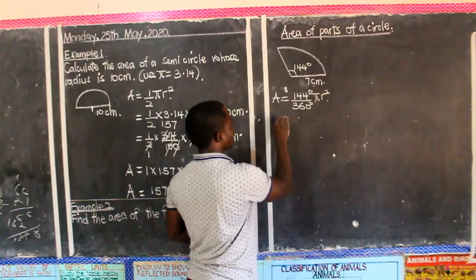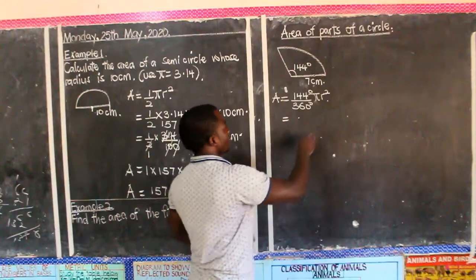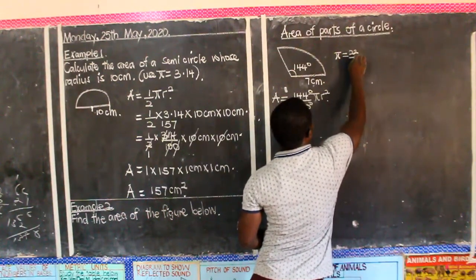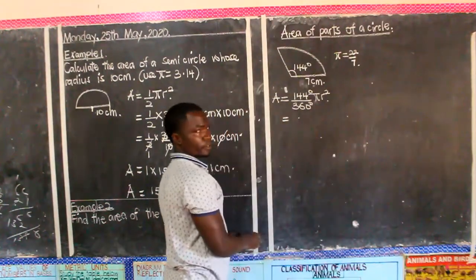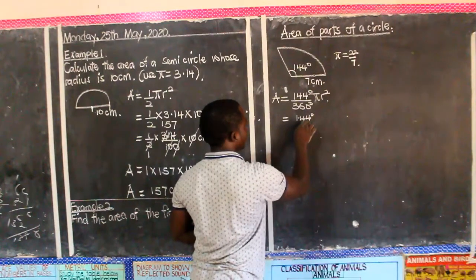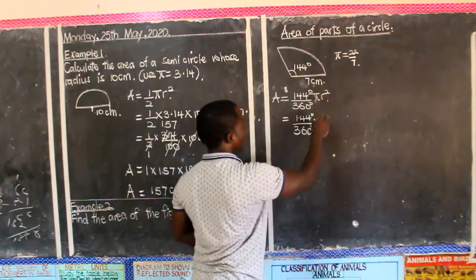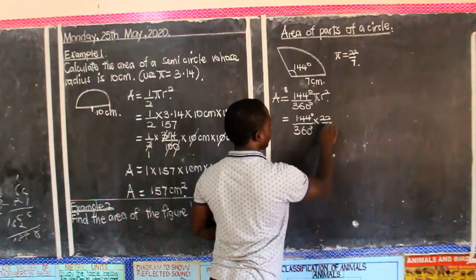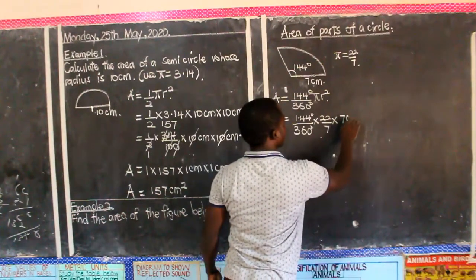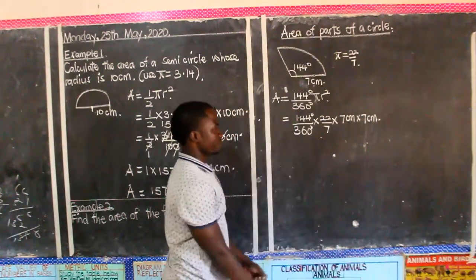So we shall come down and substitute now. And our pi given here is that of 22 out of 7. So we shall go down and say 144 degrees out of 360 degrees times the pi of 22 out of 7 times the radius of 7 centimeters times 7 centimeters.